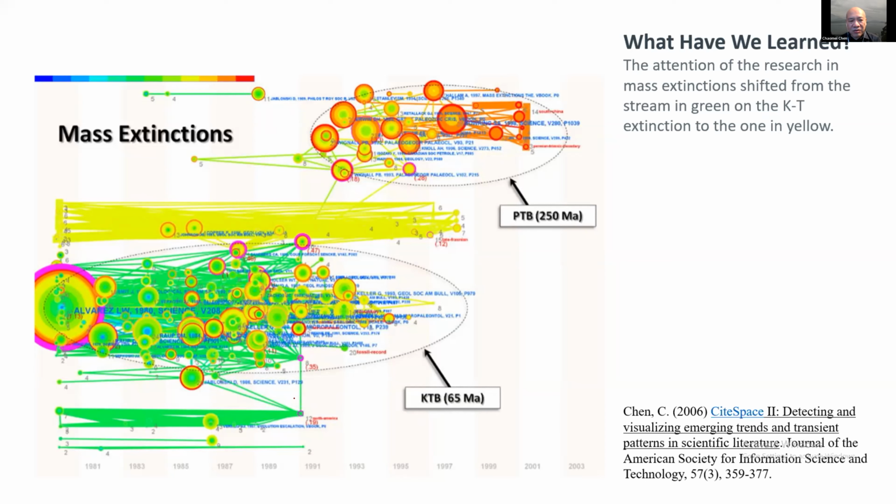At this level, we can observe two things. One is this one. This is a stream that lasts about 10 years. Researchers were looking for the answer to this question: what made dinosaurs go extinct? They were looking for answers, with lots of theories.